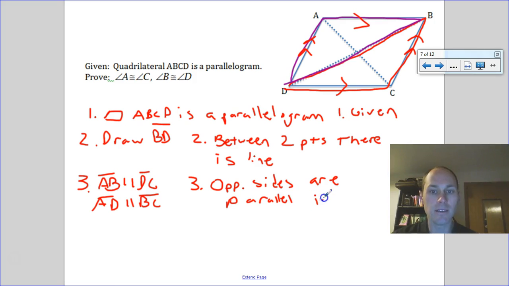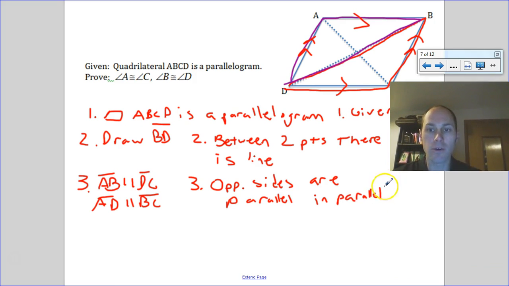So the next thing we can do is take into account those parallel sides. If I have a parallelogram and that diagonal cutting through it, that diagonal is my transversal. So I know alternate interior angles are congruent.